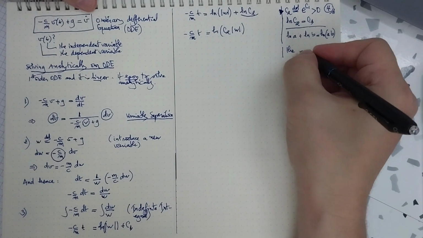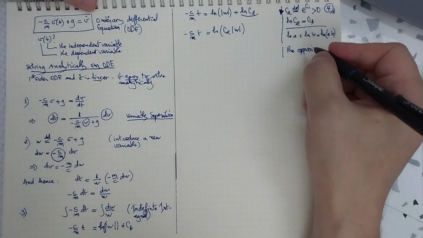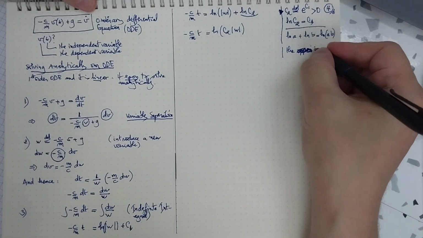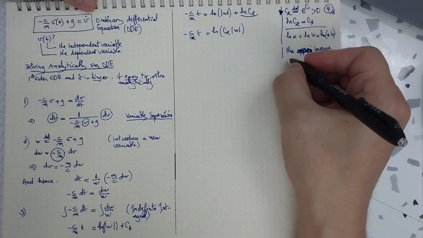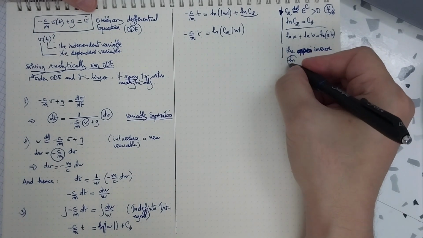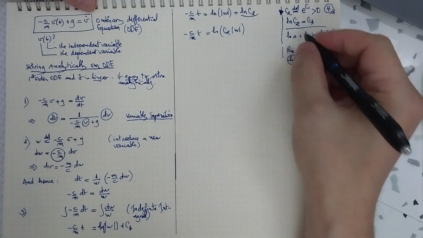The inverse of the function ln is the exponential. That's what we have done here.